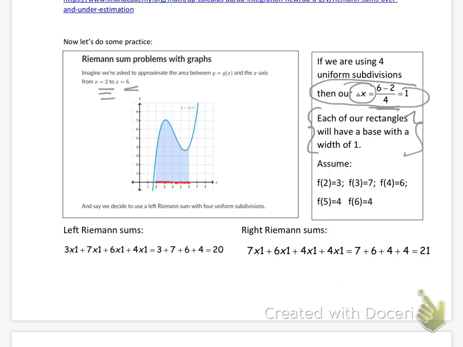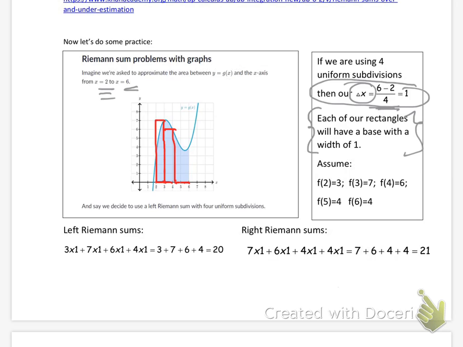So we're starting from 2, so our first subdivision is 2 to 3. Since we're doing left Riemann sums, we're going to go up the left side of this rectangle. Okay, there's rectangle 1. Go to the 4, go up, hit the curve, go horizontally across. That is rectangle number 2.